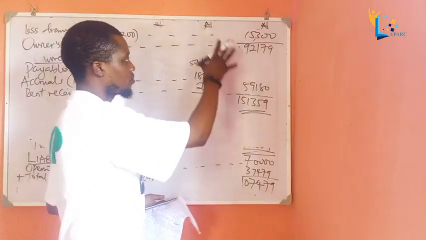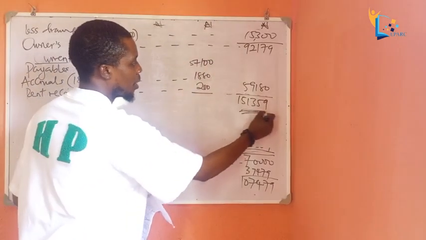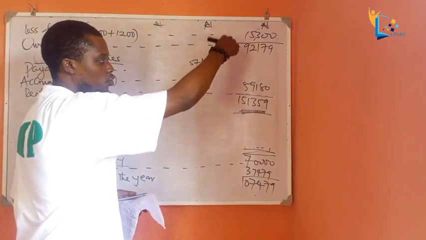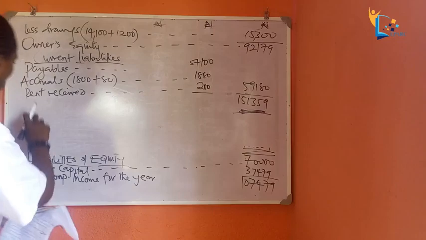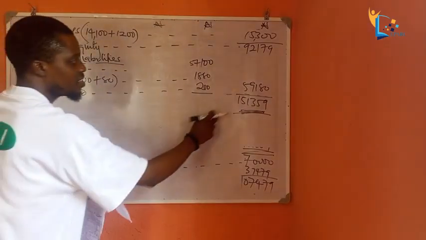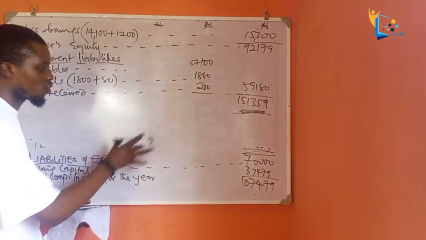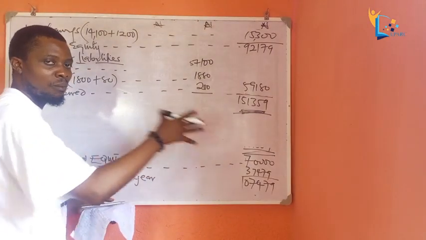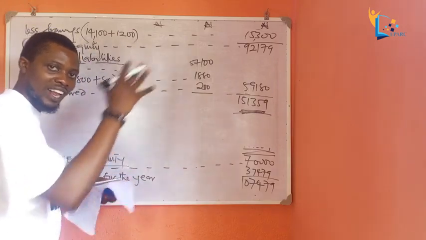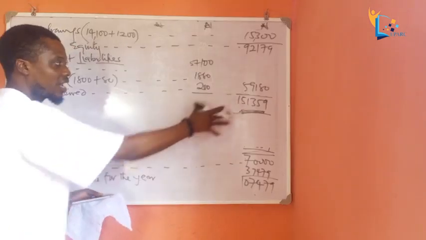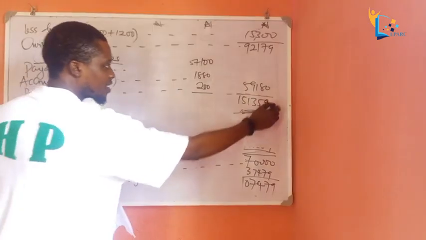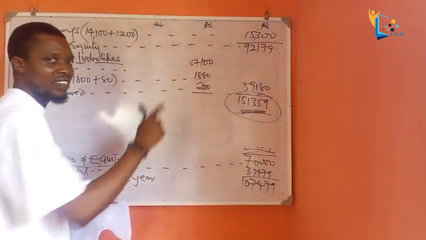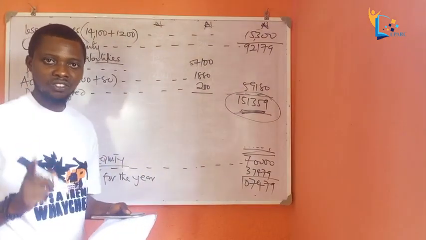So check. Remember when we had total assets here, your statement of financial position must balance. The equities and liabilities must have the same balancing figure with your total assets. If it doesn't, that means there's a mistake somewhere.